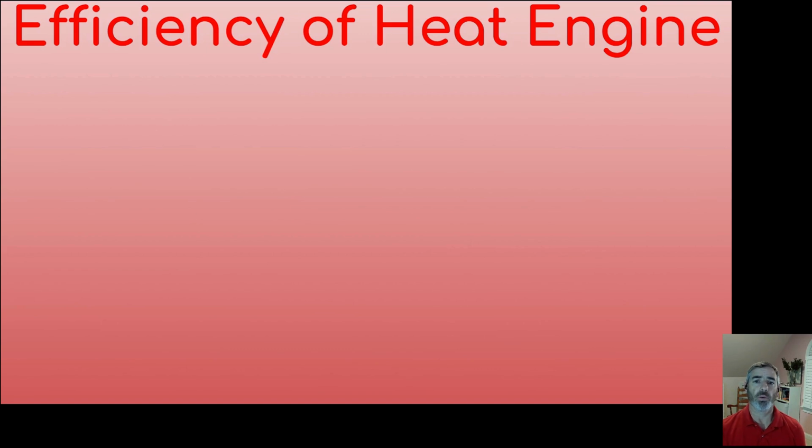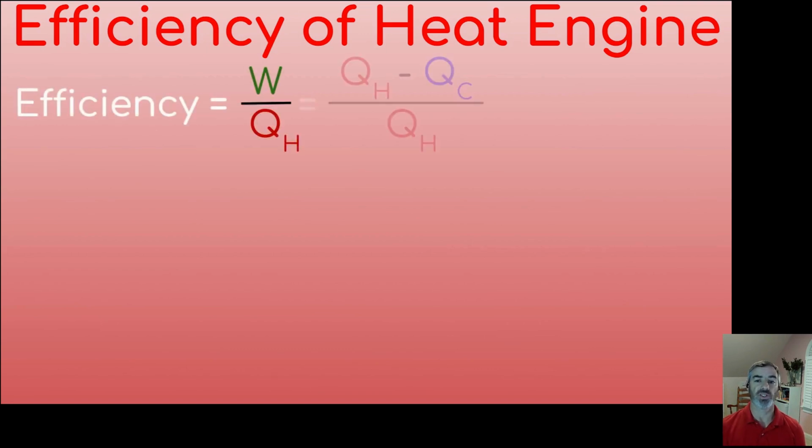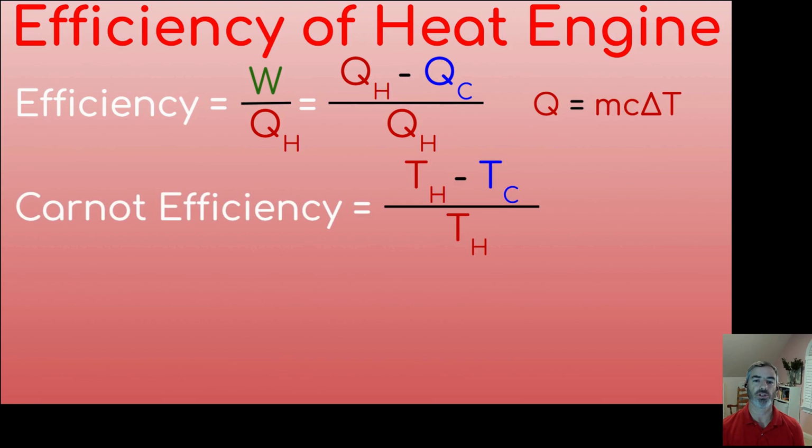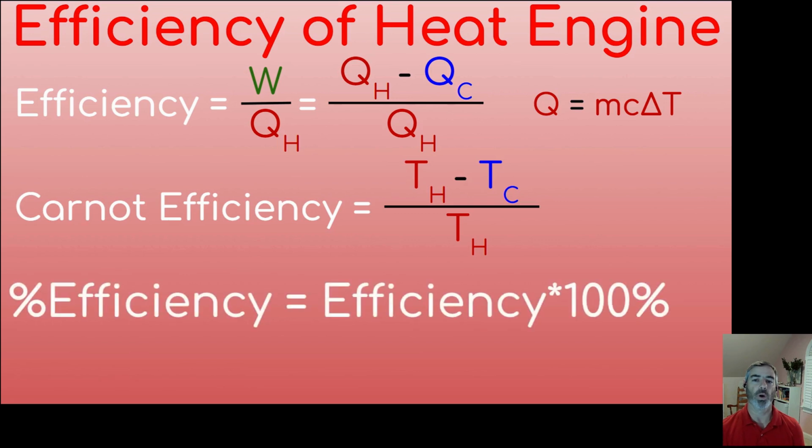So if we know the work divided by QH, we know that work is QH minus QC. And if we know Q equals mc delta T, well, that means if we substitute all of those in, we're just going to end up using the hot temperature minus the cold temperature divided by the hot temperature, and that's known as the Carnot efficiency. And to get a percentage, we would just multiply that number by 100% to make it a percentage.